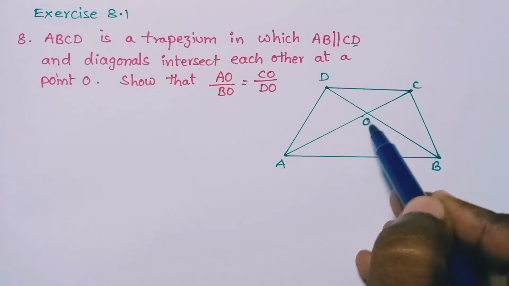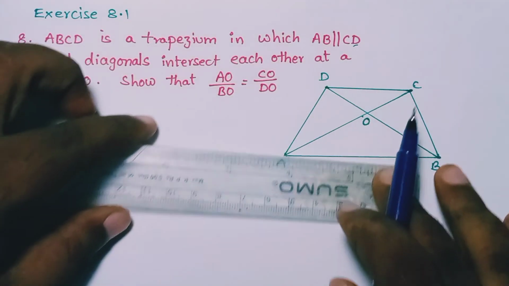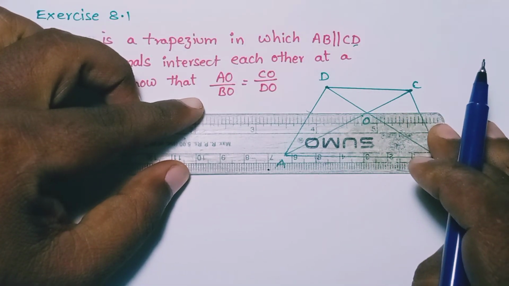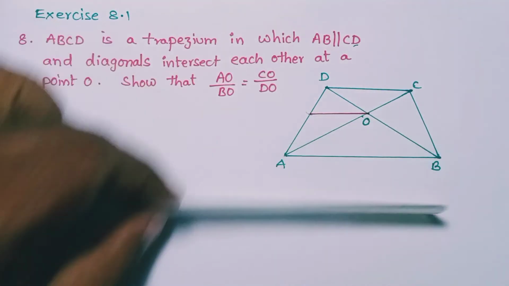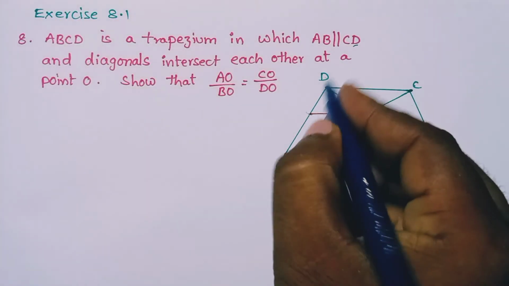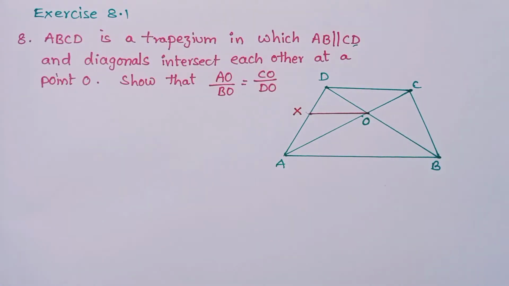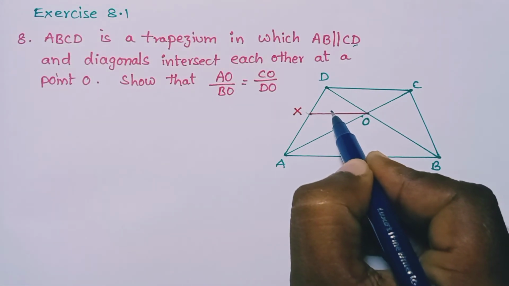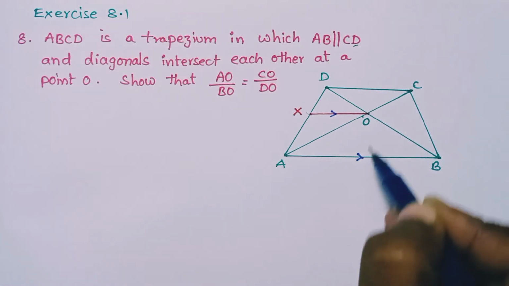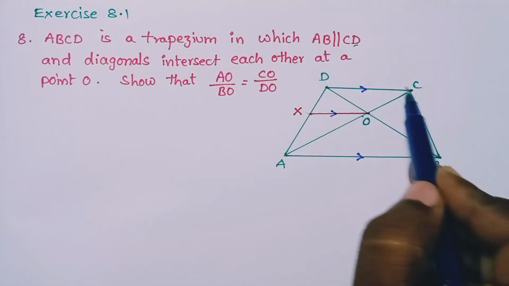We have to draw a parallel line to AB through the point O. So this is the parallel line through the point O. Let us take this point which intersects AD as X. Now, dear students, this OX line is parallel to AB as well as CD because this is a trapezium.